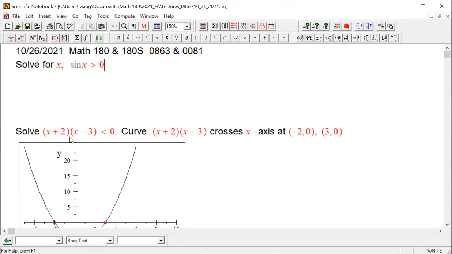If x is 0, sine of x is 0. If x is pi over 2 or 90 degrees, sine is going to be the maximum of 1. So sine x greater than 0 could start from 0 degrees, 0 radians, up to pi radians.